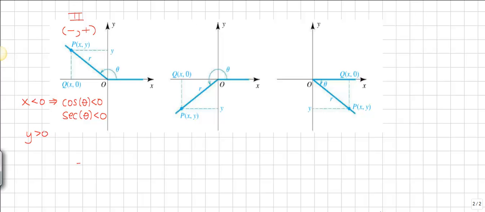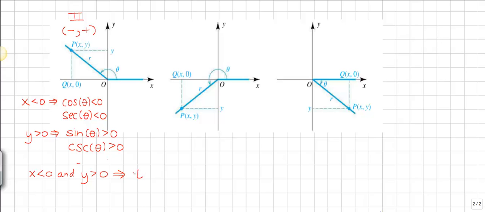Y being positive would mean that sine, which is y over r, is positive, and sine's reciprocal, which is cosecant, would be positive.